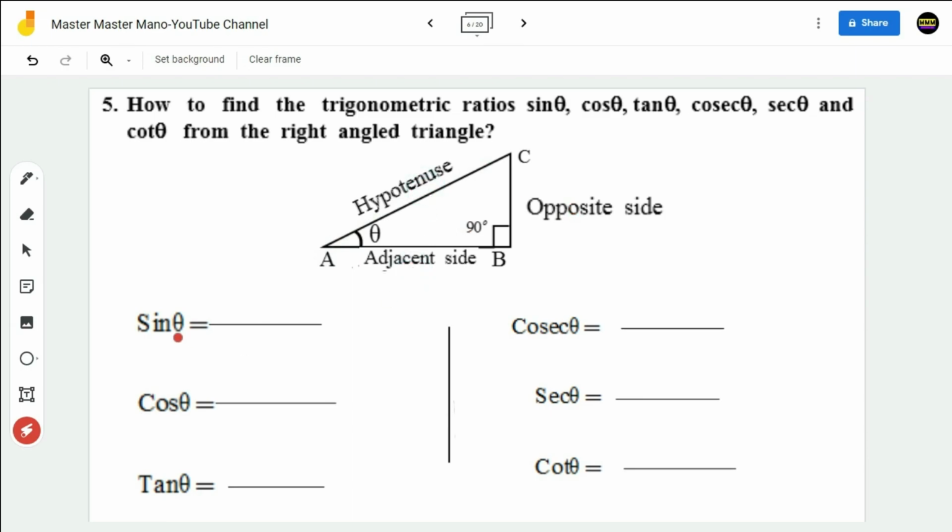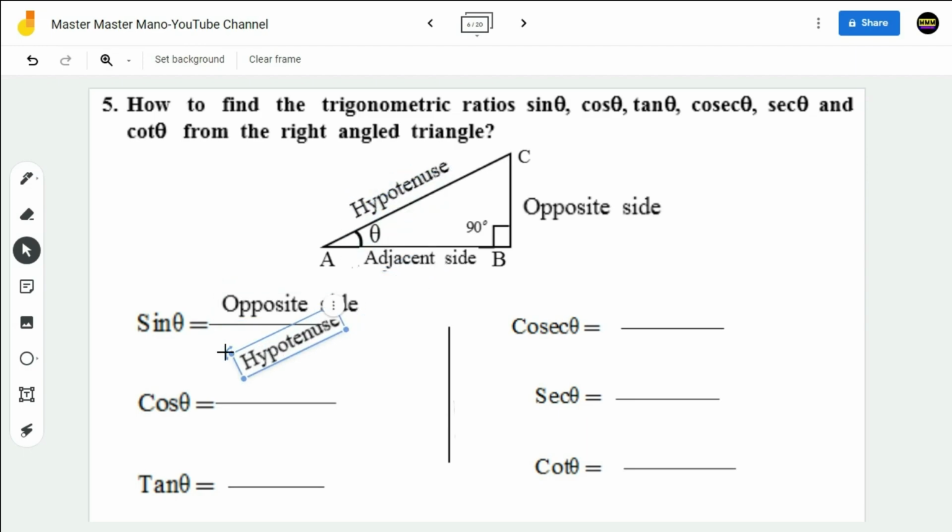We have the formula sine theta equal to opposite side by hypotenuse. Cos theta equal to adjacent side by hypotenuse.